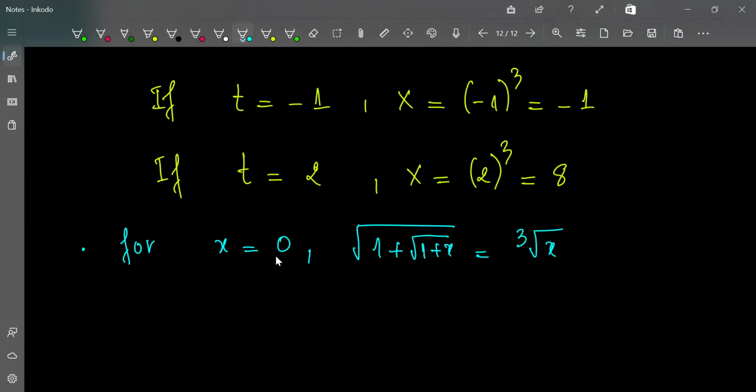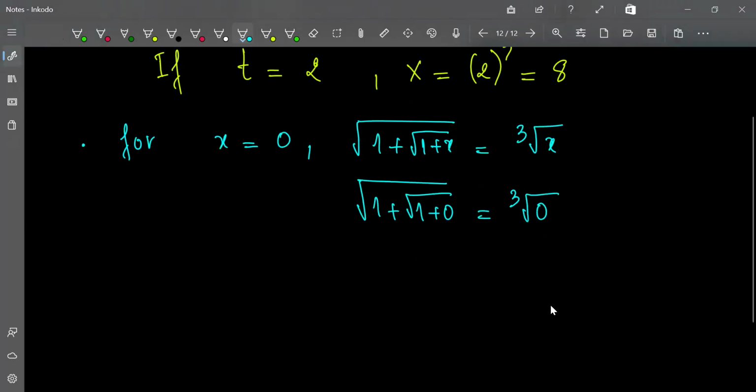So if we substitute x equal to 0, we get 1 plus the square root of 1 plus 0 equal to the cube root of 0. So right now, it's going to be the square root of 2 equal to 0. So it's not true, because the square root of 2 is not equal to 0. So x equal to 0 does not satisfy the equation.